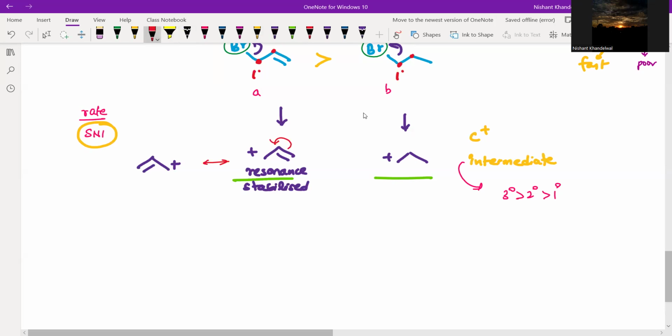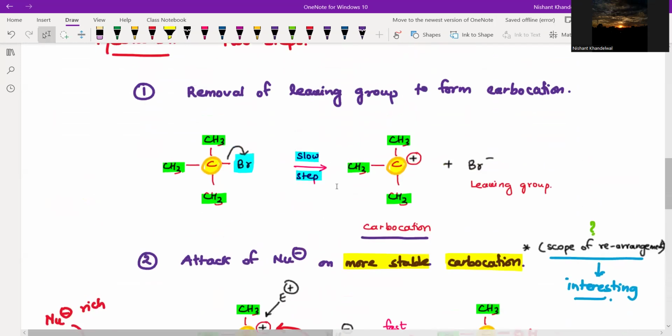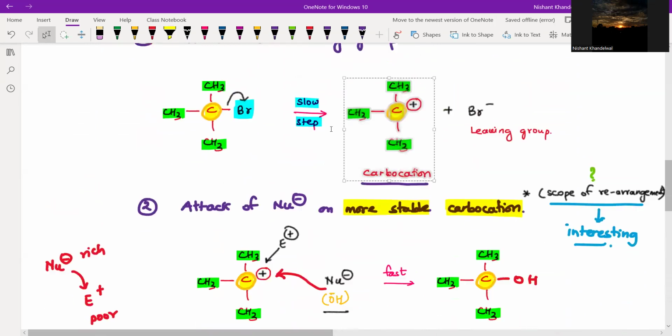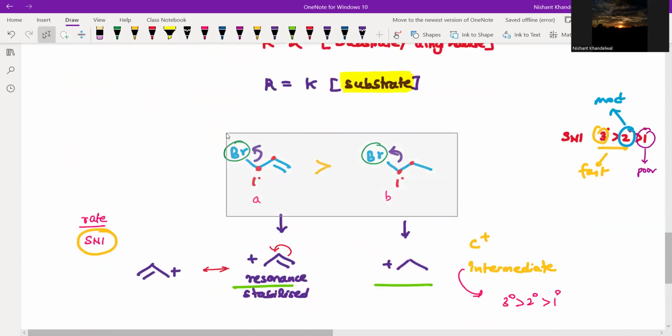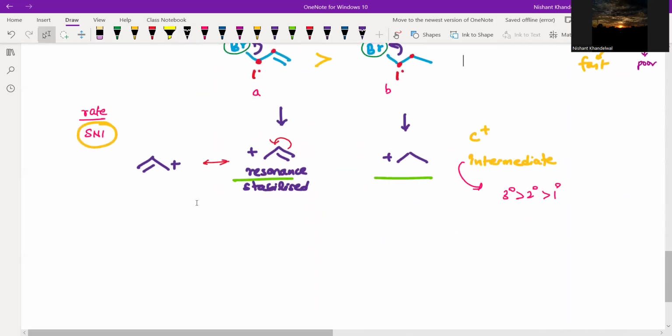So we have to look into other effects as well. Generally, we draw the mechanism because we want to check the stability of the carbocation. In one go, you will say both options are wrong, because it is a primary substrate. But if we go into depth, into the mechanism, to the intermediate, then you can easily tell, oh yes, this is a stable intermediate, so it can form the product.